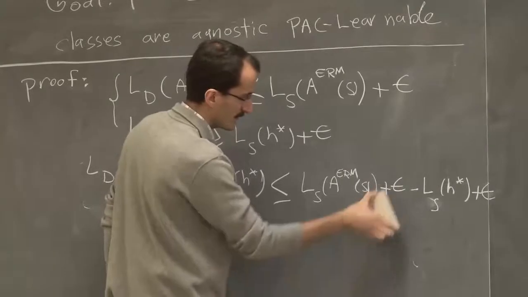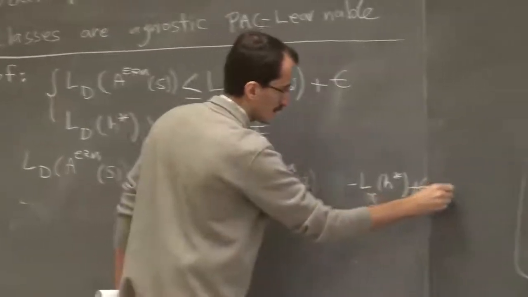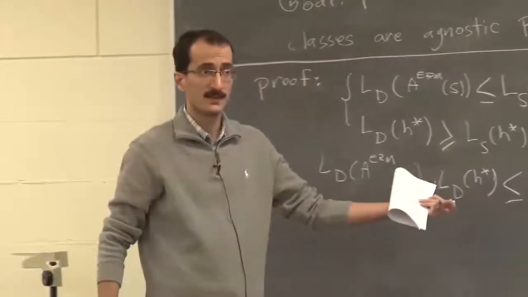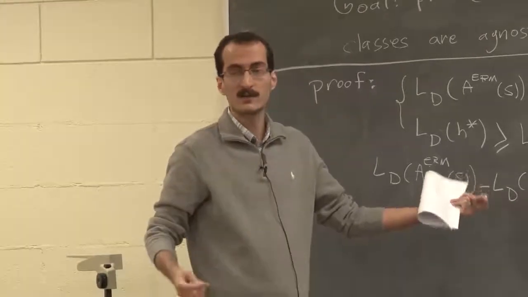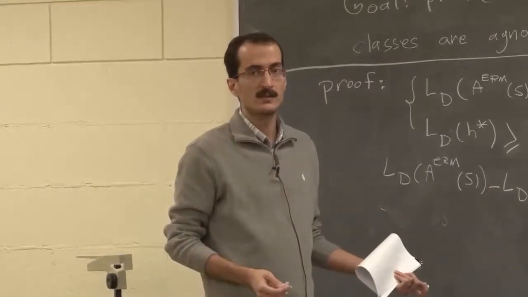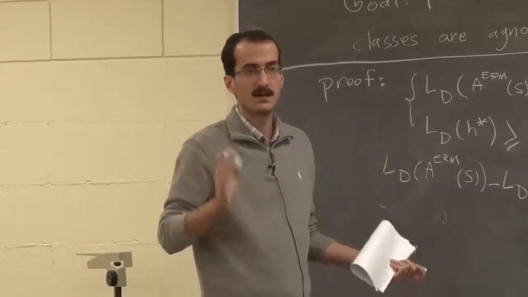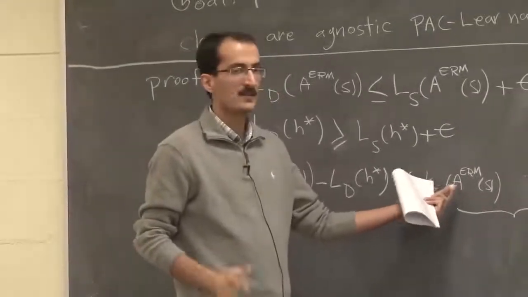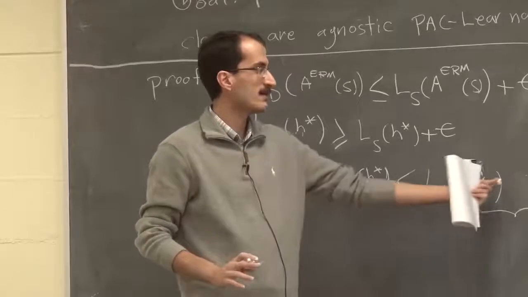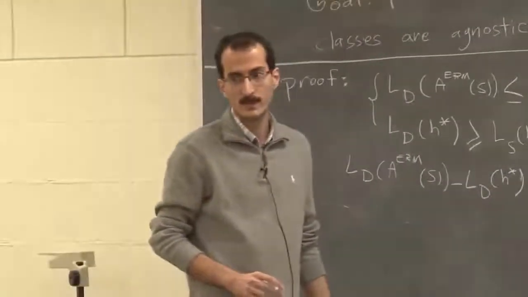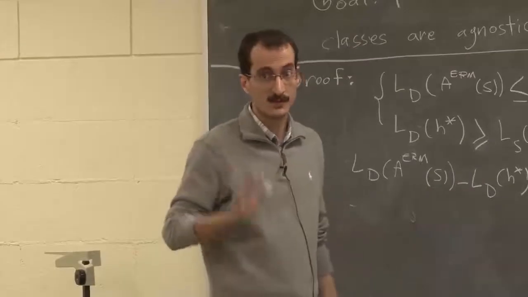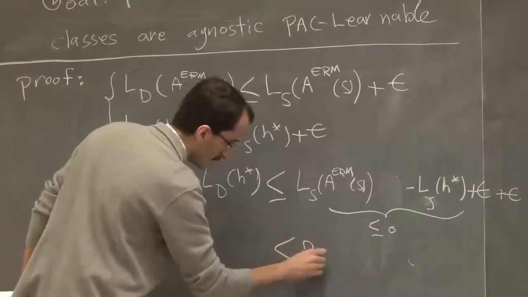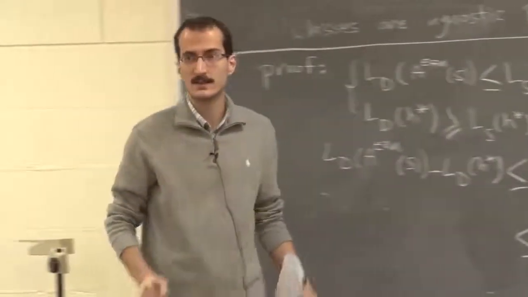Now we know that because this is the best, what does ERM do? It works on the sample and finds the best hypothesis on the sample. So on the sample, the loss of ERM is always less than or equal to the loss of anything else on the sample. So this will be smaller than epsilon, so the whole thing will be less than 2 epsilon.